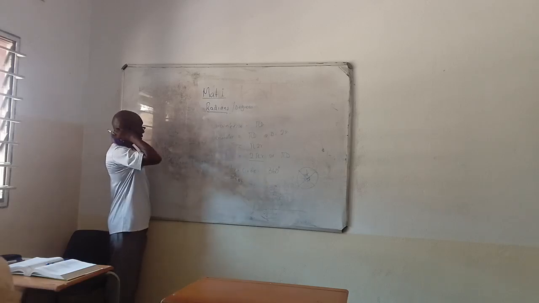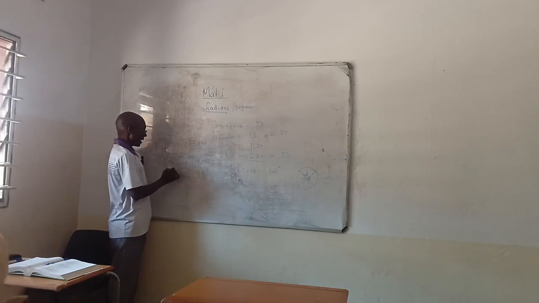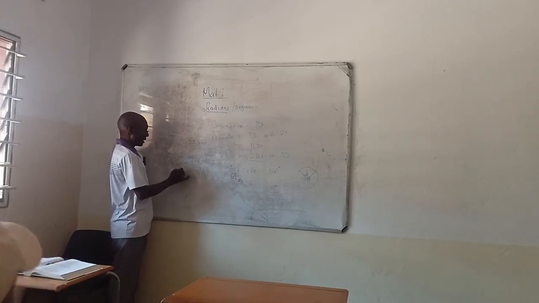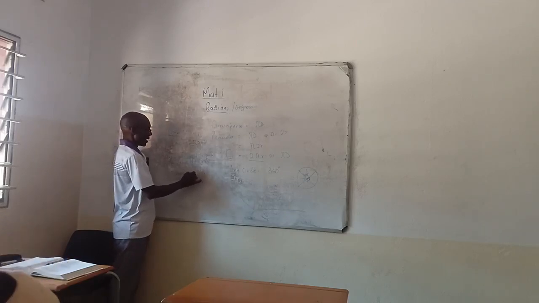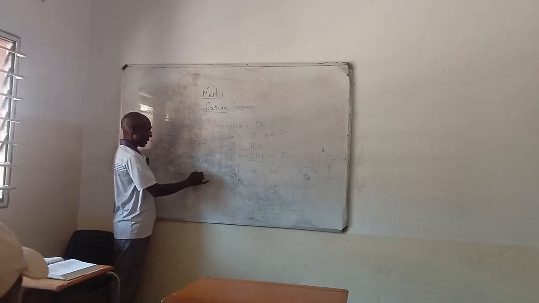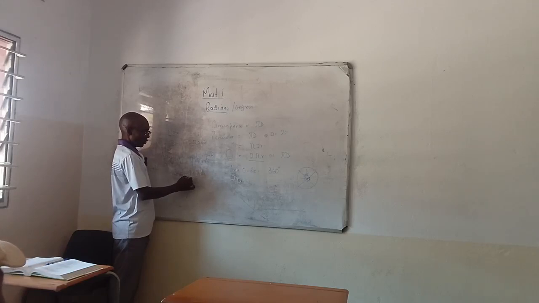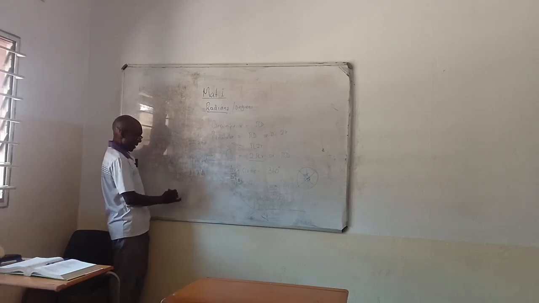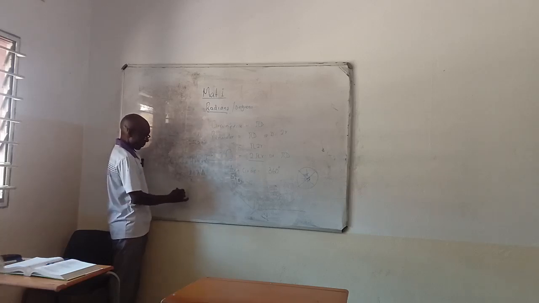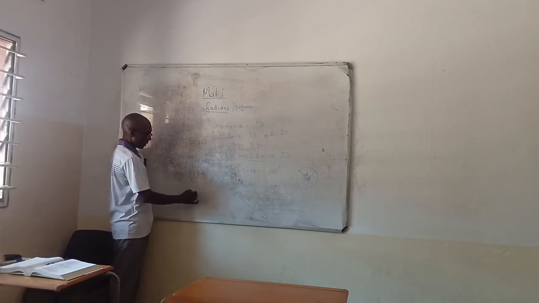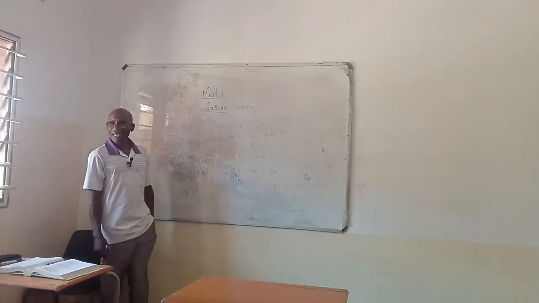If 360 degrees is equal to 2 pi rad, let's find what pi rad will be. You divide by 2. In other words, pi rad will give us 180. So pi rad is 180.